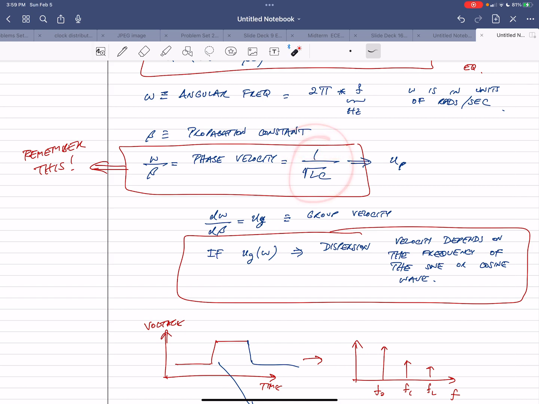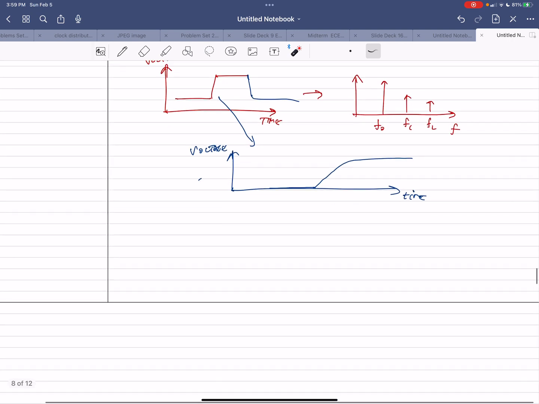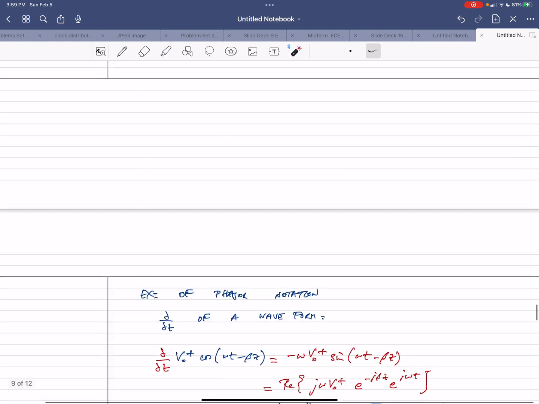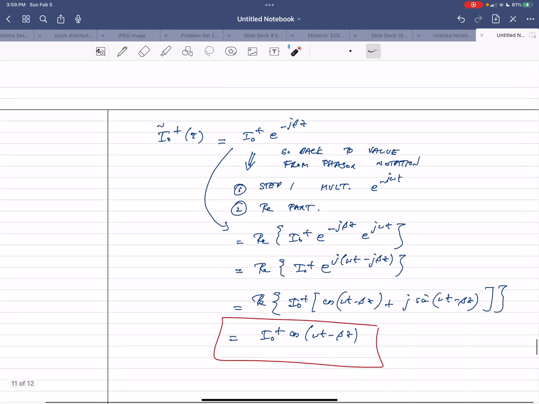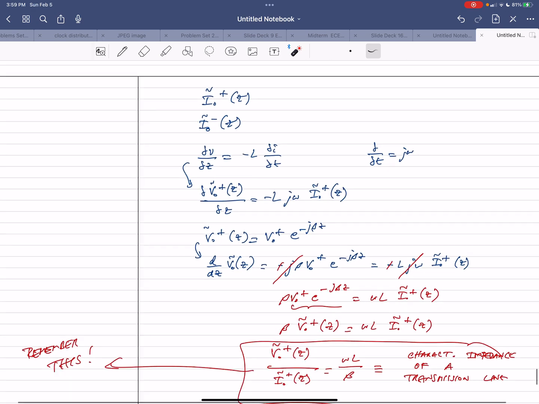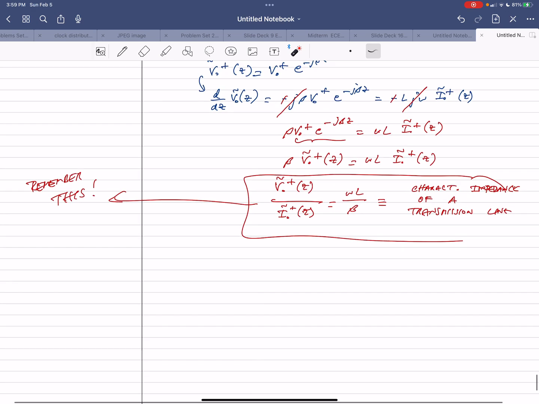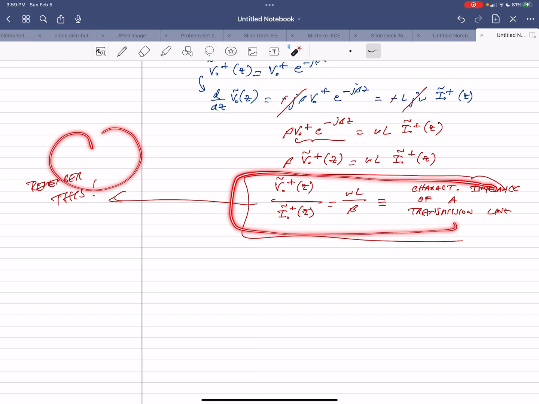That's worth remembering. If you're dealing at all with transmission lines, which you will at some point in your work, maybe a lot, maybe a little, you will come across this again: the phase velocity, or the velocity of the waveform through a lossless transmission line, is 1 over square root of LC. And then the characteristic impedance is even more important.